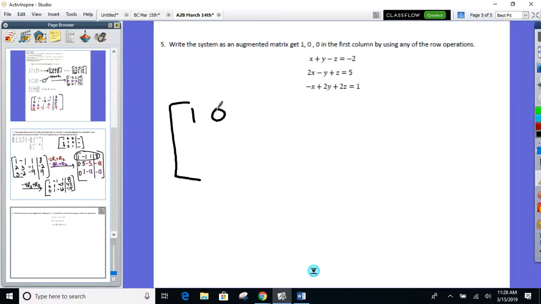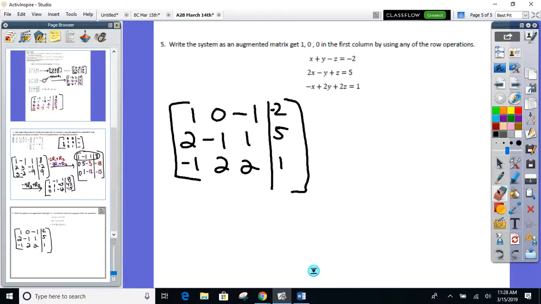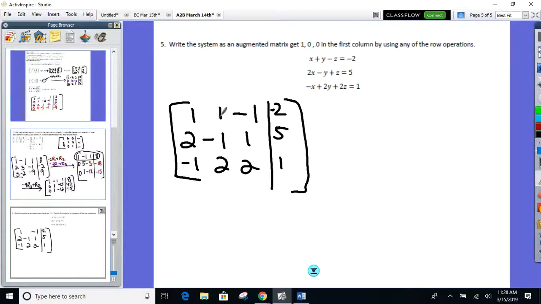1, 0, negative 1, negative 2, 2, negative 1, 1, 5. Everything look all right now?